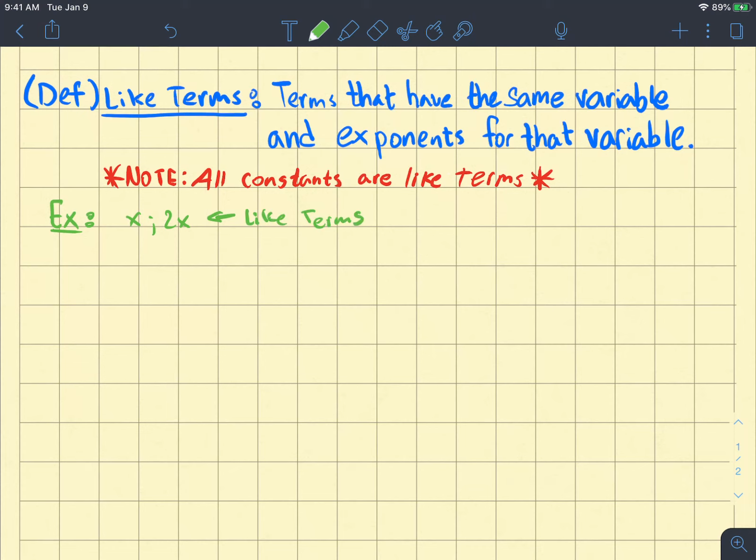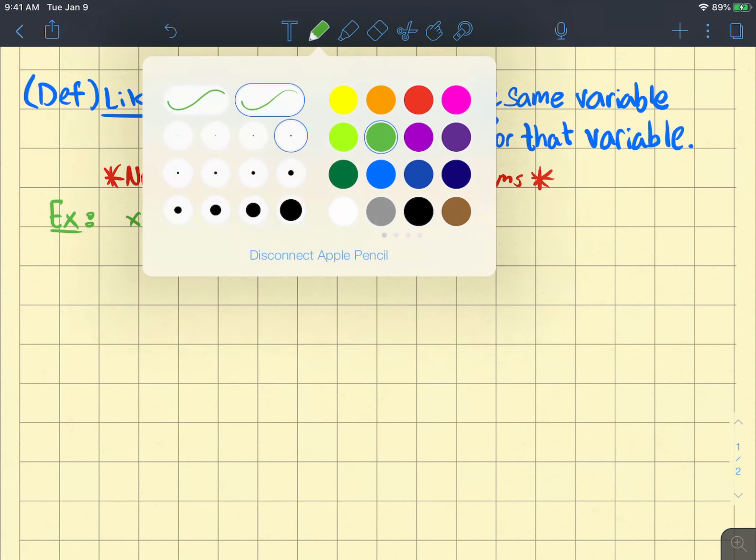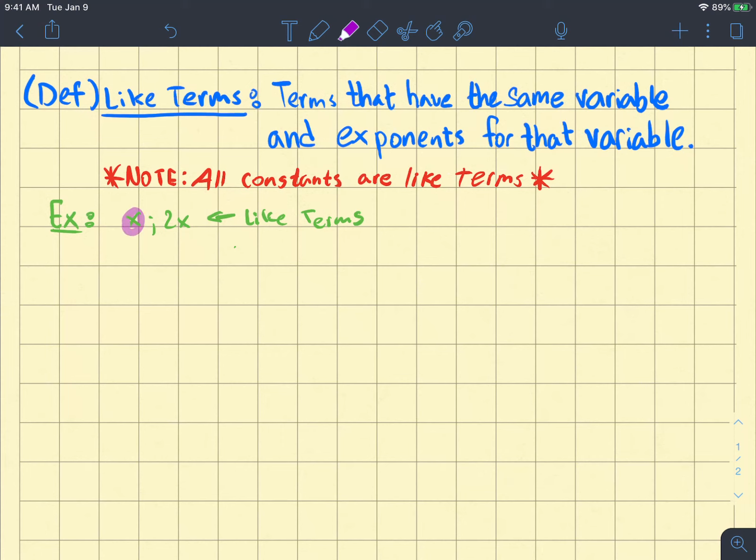Because the variable here is x, and this is x, right? So they're the same thing. Another example would be 2x and negative 5x, also like terms, because they're all the same x's.